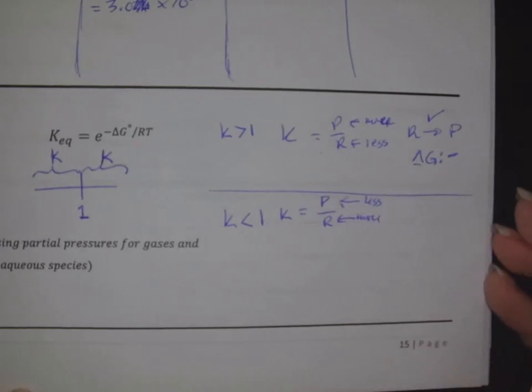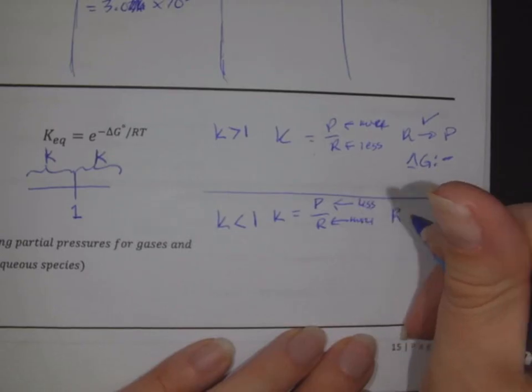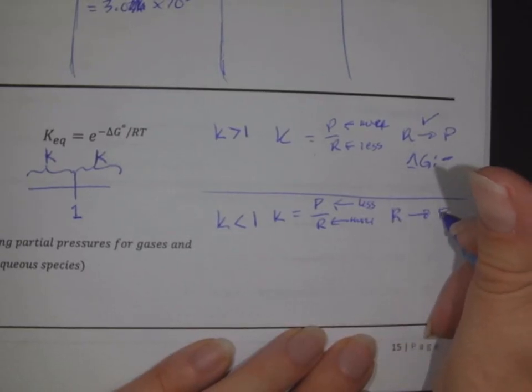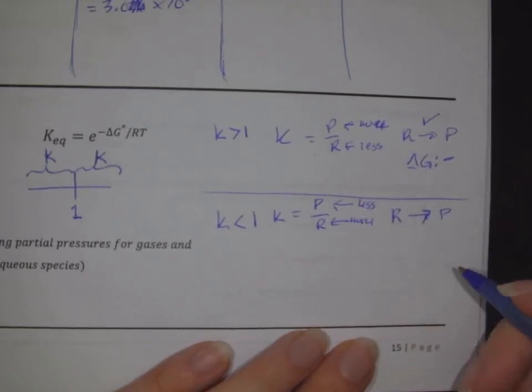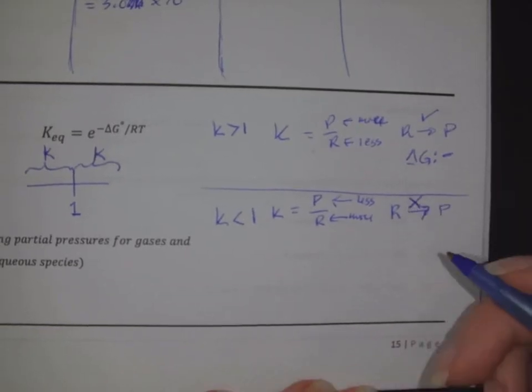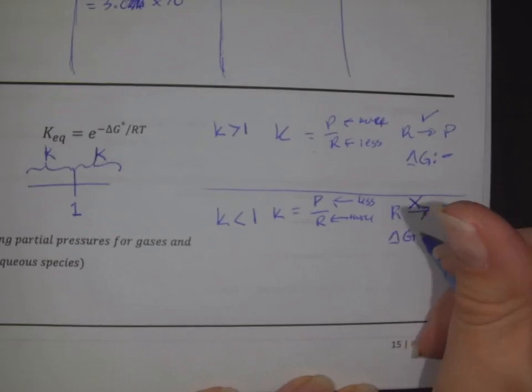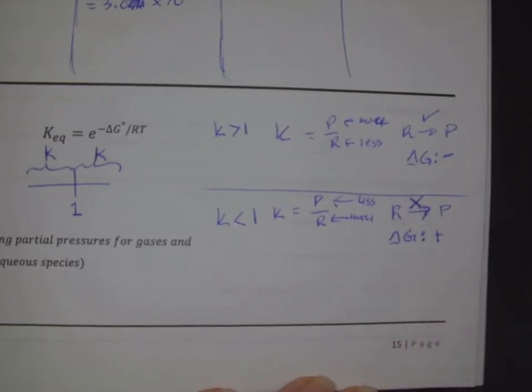Very few of these reactants actually turned into products. They mostly stayed as reactants, so it's as if this reaction did not occur. And we know that would be not thermodynamically favorable, or delta G would be positive.